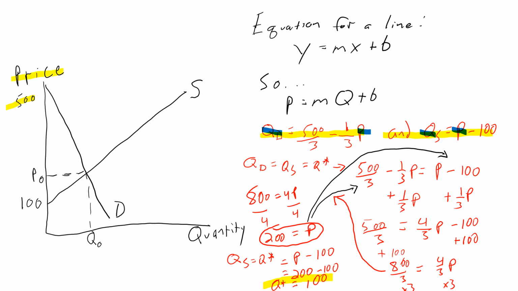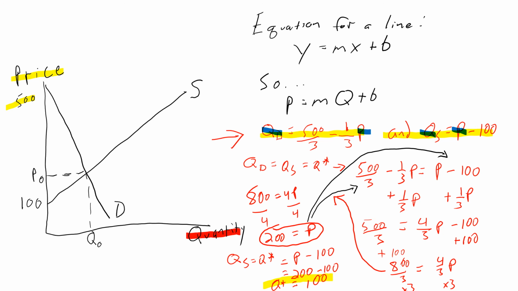However, if it's given to you in this form instead, then obviously your intercepts are going to be different, because we're now thinking of quantity as the dependent variable. So just be familiar with what you're being asked to solve.